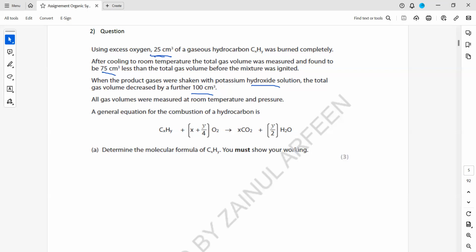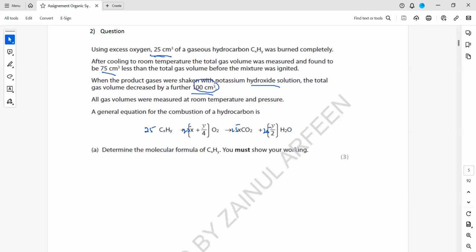So this gives us, if this is 25, this will be 25 times x, and this will be 25 y by 2 H2O, if it was a water vapor, because the volume ratio and the mole ratio is always the same.